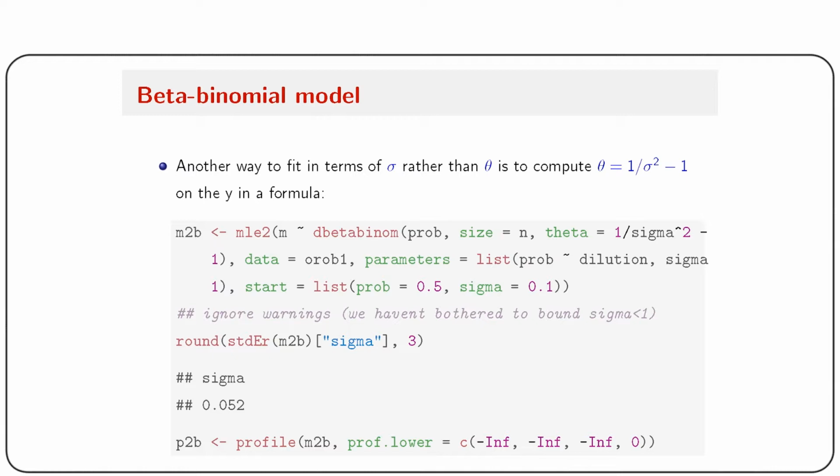Another way to fit the term sigma rather than theta is to compute theta equals 1 over sigma squared minus 1 in the formula. Say M2b equals mle2, with a formula interface.